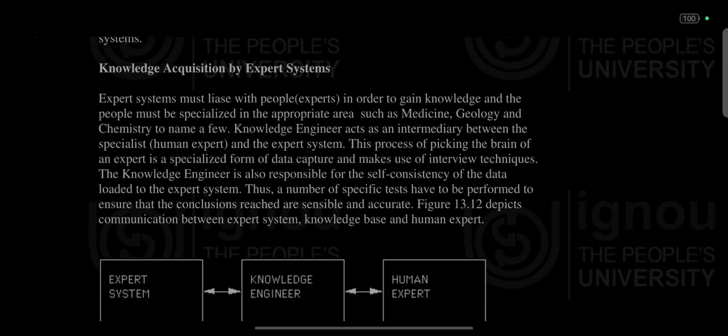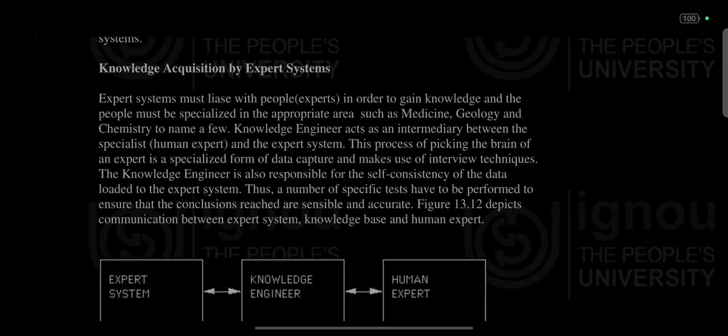Knowledge acquisition by expert systems. An expert system must liaise with people, experts, in order to gain knowledge, and the people must be specialized in the appropriate areas such as medicine, geology, and chemistry, to name a few. A knowledge engineer acts as an intermediary between the specialist human expert and the expert system.